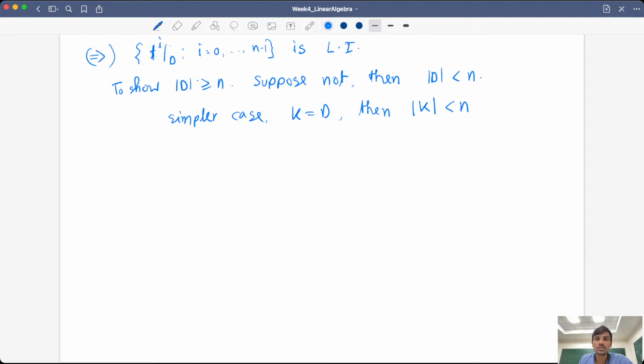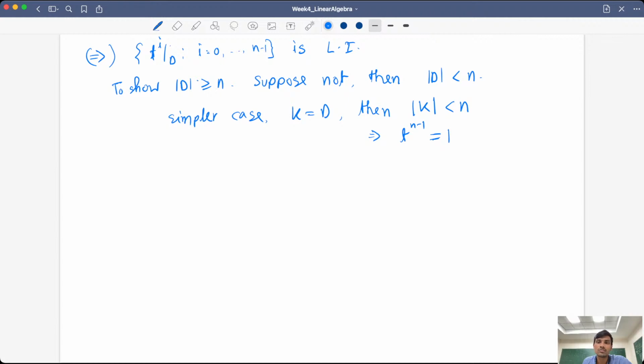This implies, because in a finite group, that t power n minus 1 will be equal to 1, right?